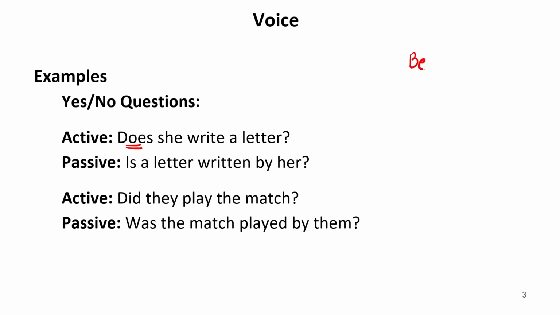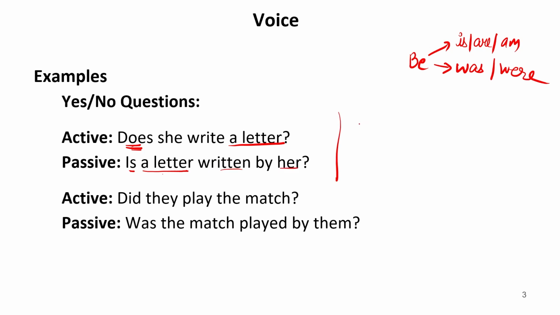Now we know well that be forms are is, are, am for present tense, whereas was and were are for past tense. Because the word does is used, it shows the sentence is in present indefinite. And in present tense we use is for singular, are for plural, and am for I. So here the object is a letter, which has to be taken to the subject place. So for letter we use: is the letter written by her?